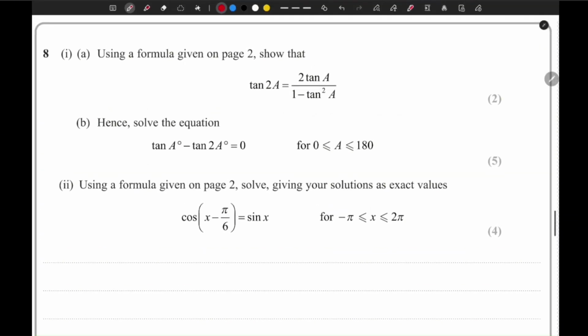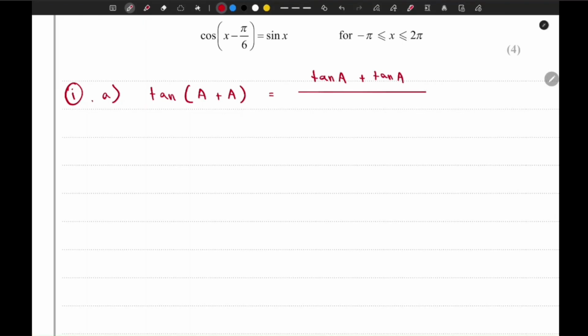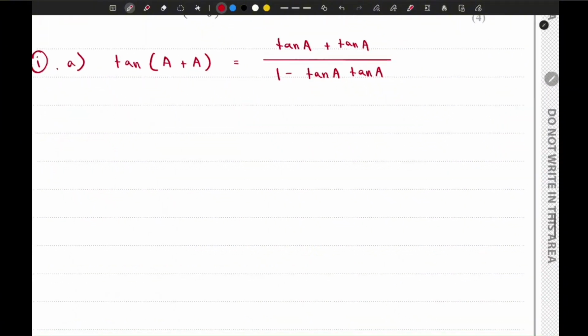We need to use a formula given on page 2 to show that tan 2a can be written like this. So first of all, we can write tan 2a as tan(a plus a), which is equal to tan a plus tan a divided by 1 minus tan a multiplied by tan a, using the expansion formula.